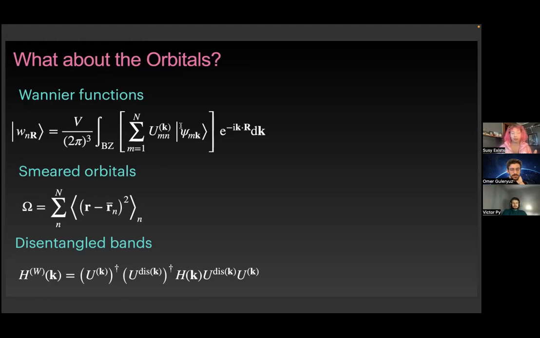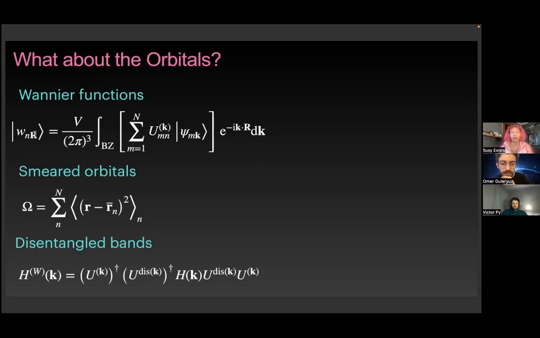After this transformation, we take a Fourier transform in the momentum space to find our orbitals in real space. So this W_nR function gives the positions of the atoms and the values and the smearing of each atomic orbital.